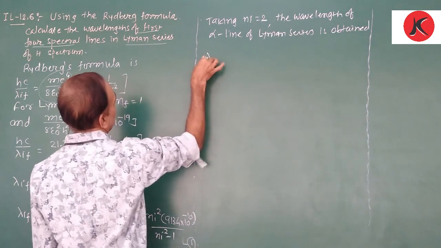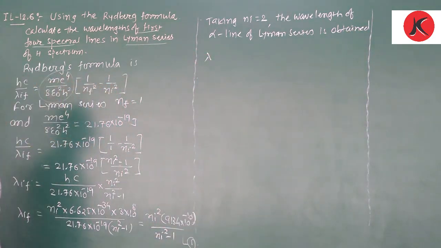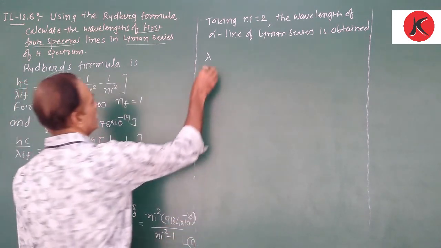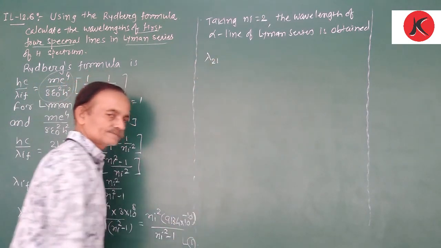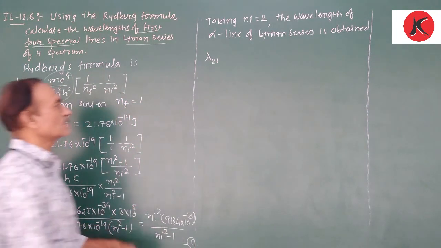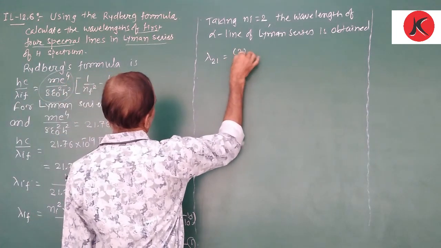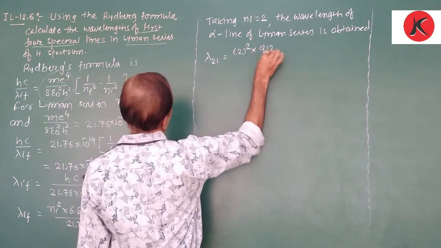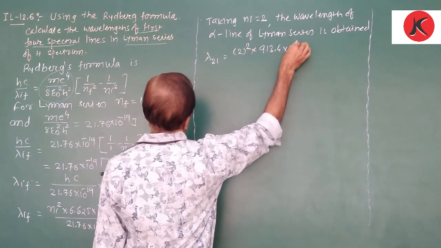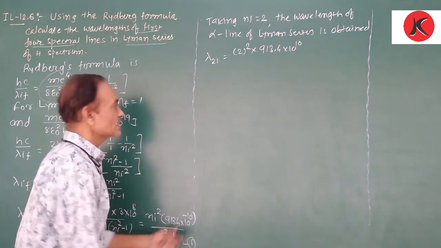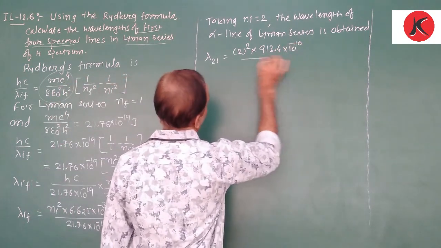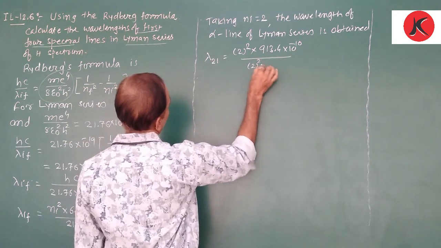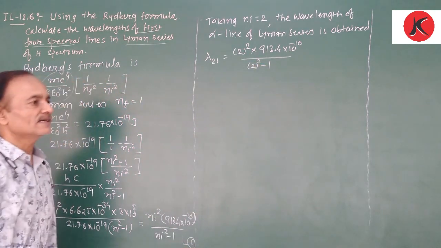Therefore, here i is equal to 2, f is equal to 1. Lambda 21 is equal to 2 square into 913.4 into 10 raised to minus 10 upon 2 square minus 1.